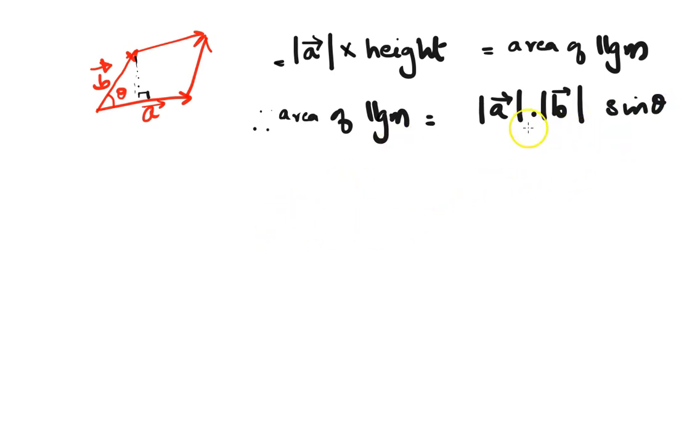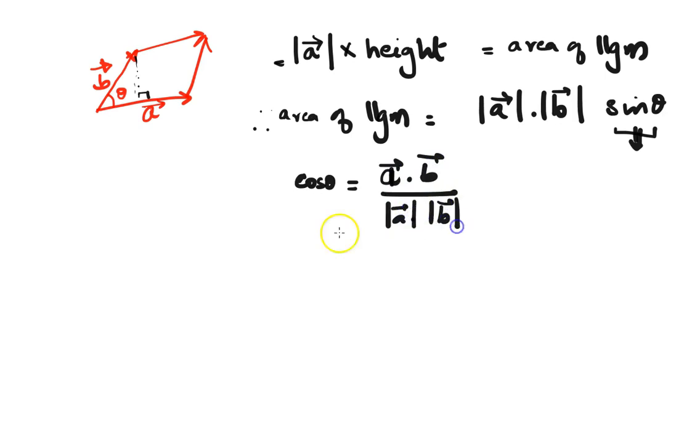Now, how would you solve this? If this was cos theta, we could have easily put it as a dot product of a and b. However, this is sine theta. So one simple way is we find cos theta as a dot b upon mod of a into mod of b, right?